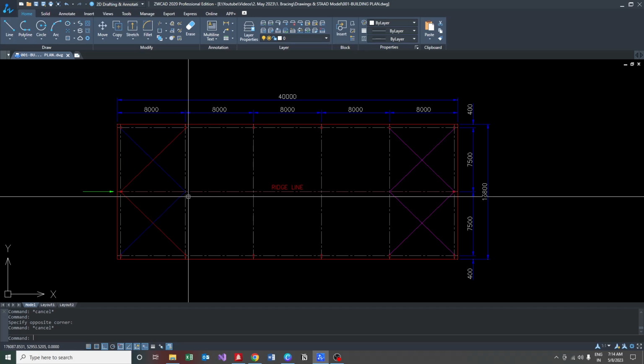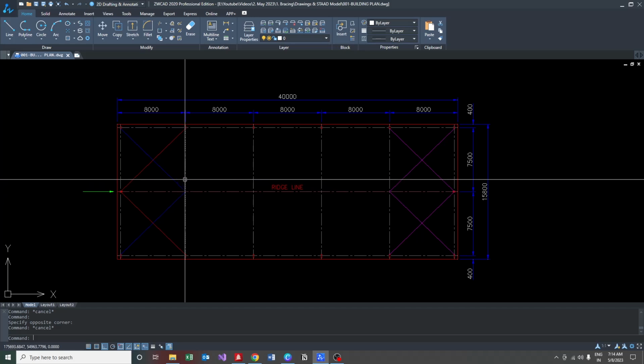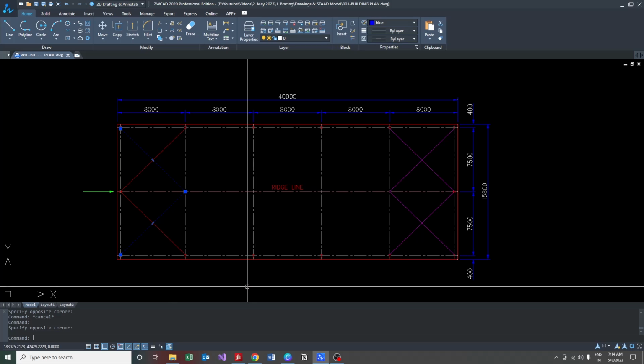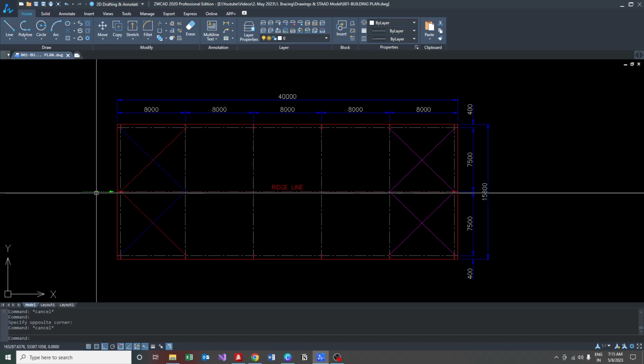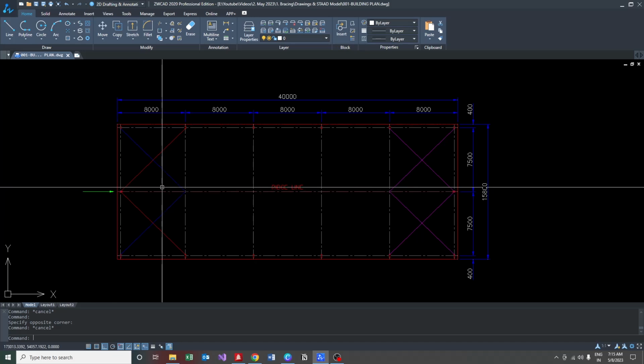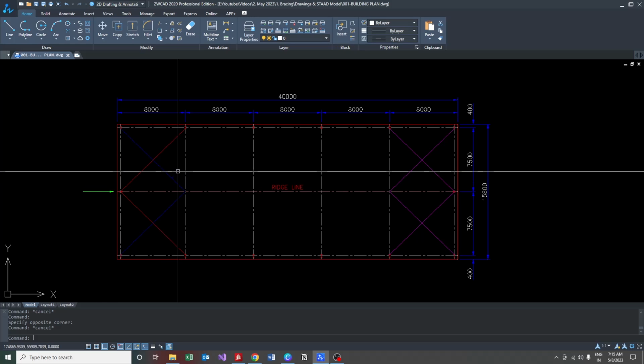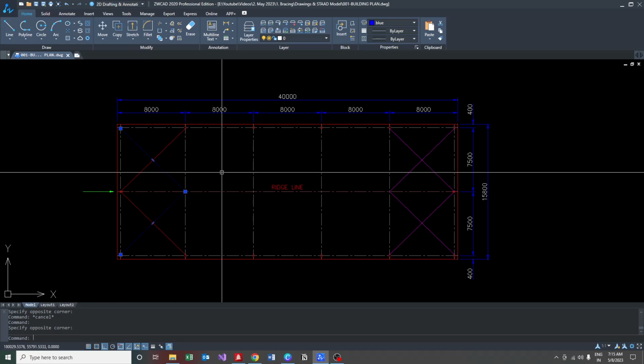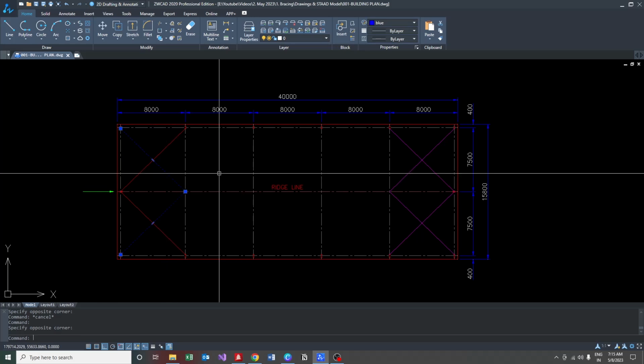From there, when it tries to escape, these two tie members will not allow the rafter to move further through their tension action. So, the force applied at this point reaches the next rafter, and from there, these two bracing members take the force through the tensile behavior.